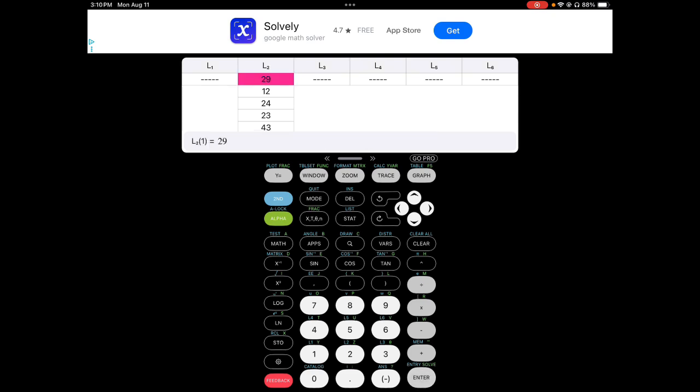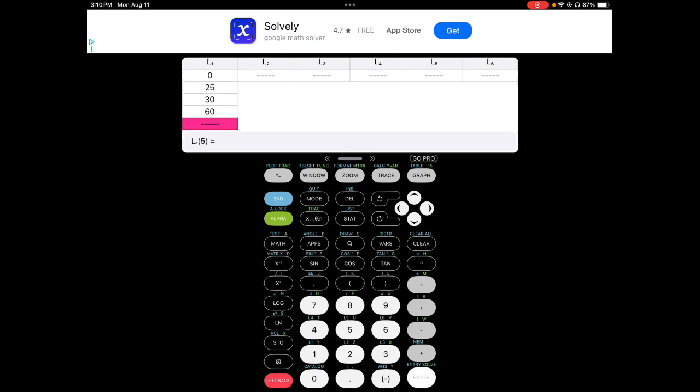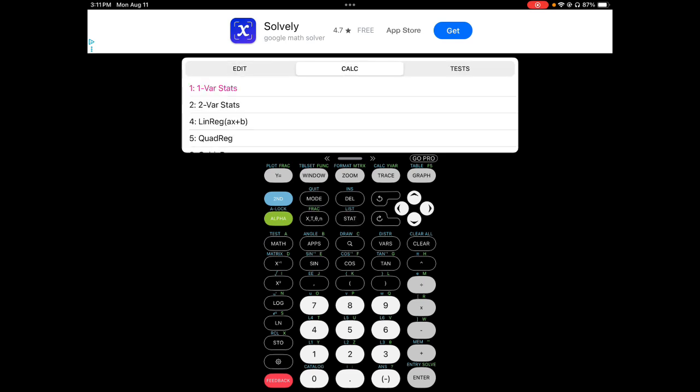I don't know why it doesn't want to do it. Clear, Enter. There we go. Okay, so I'm going to put in 0, 25, 30, 60, 90. Now I'm going to get out of there, go to Stat, Calc, One-Variable Statistics, and it's L1. I'll leave that blank. All right.